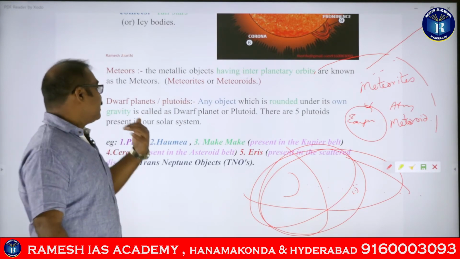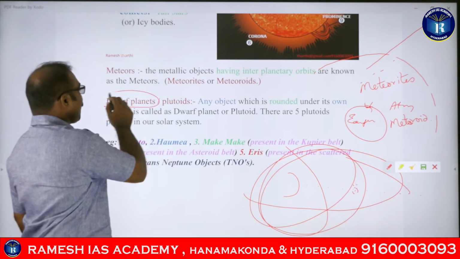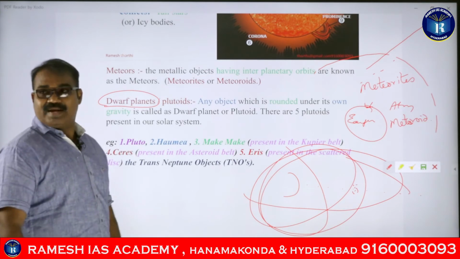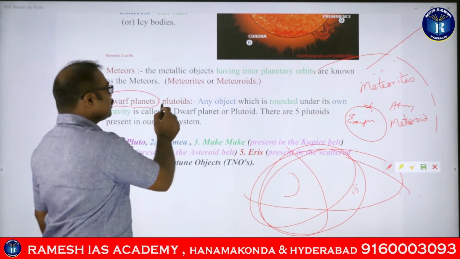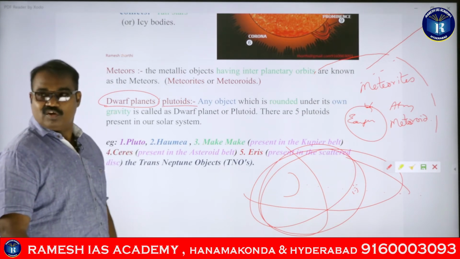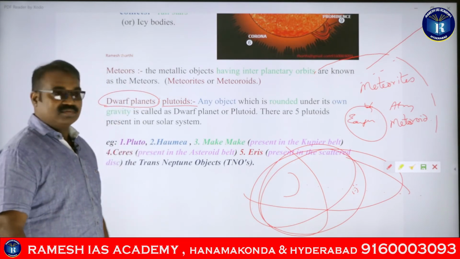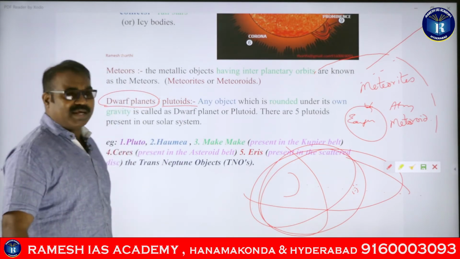Okay, next we will be talking about the dwarf planets. Dwarf planets, guys. The dwarf planets are also called Plutoids, Pluto-like objects. So what are these dwarf planets?